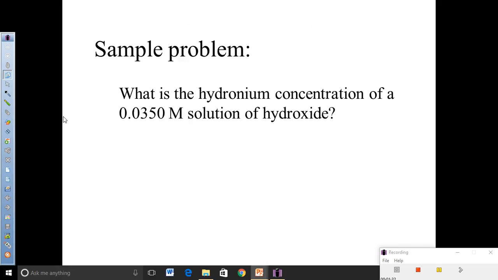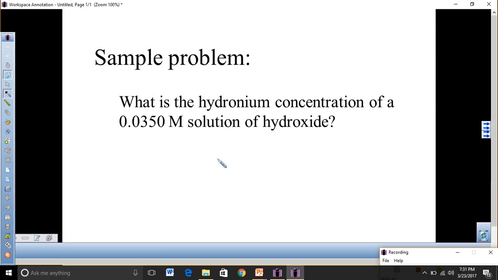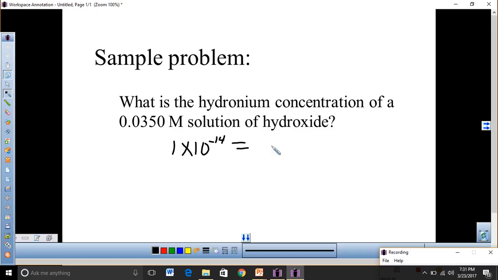And so then we worked one simple problem. It says, what is the hydronium concentration of a 0.035 molar solution of hydroxide? So we know hydroxide, and we're looking for hydronium. So we'll start out with the Kw, and we'll set it equal. We don't know hydronium, so that's going to be our X, and it's going to be multiplied by our hydroxide.